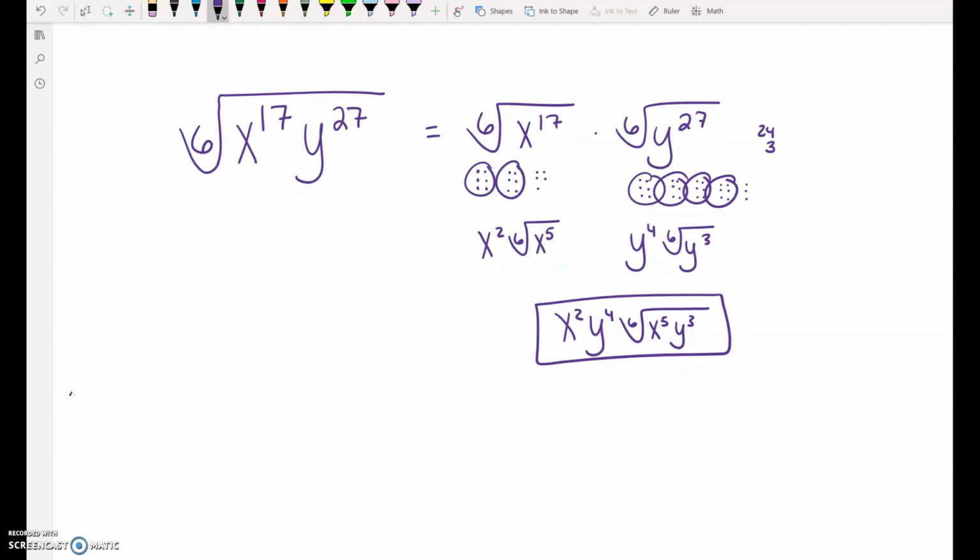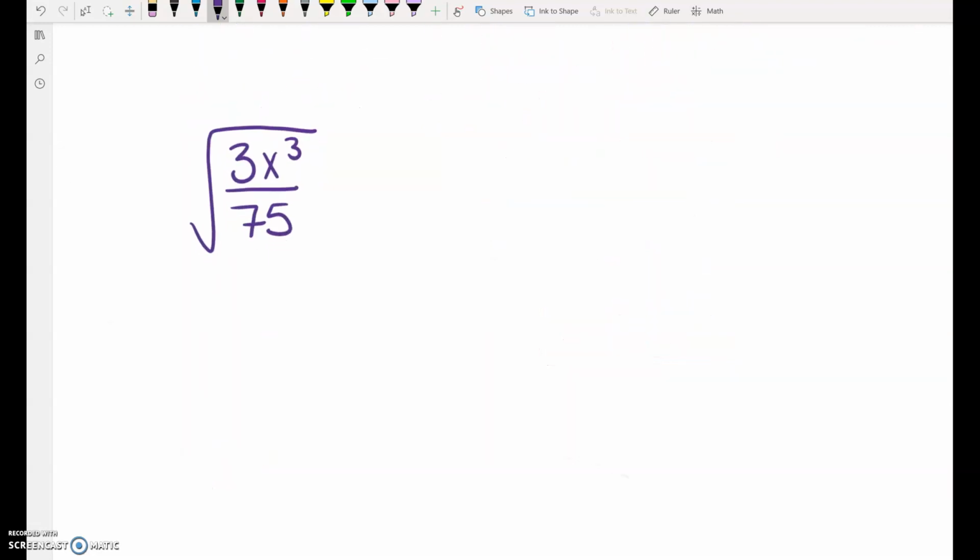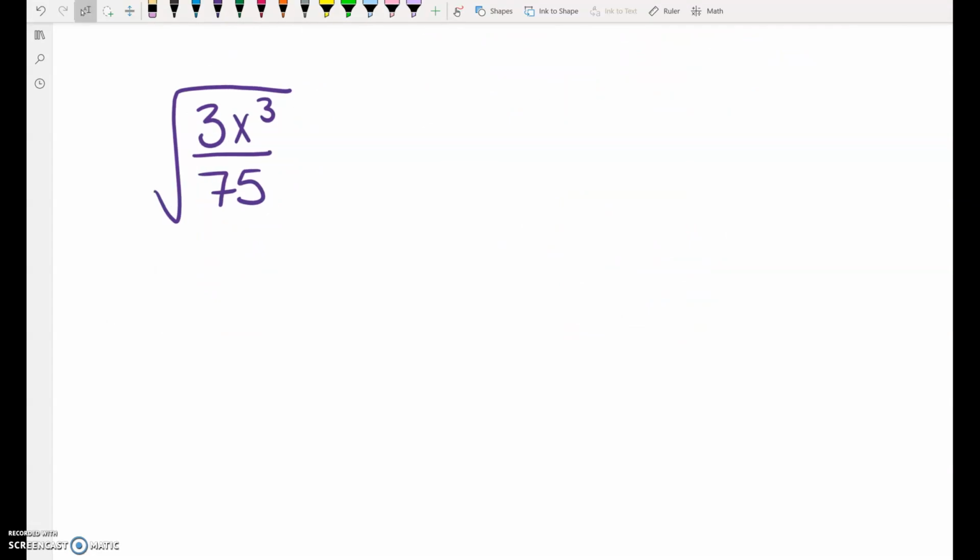The next one, we're going to do the square root of 3x to the 3rd over 75. Now, there's a couple of ways that you could do this. One way would be to simplify the fraction first.